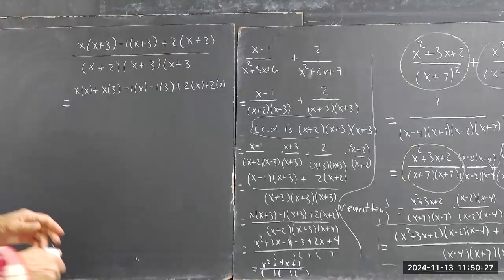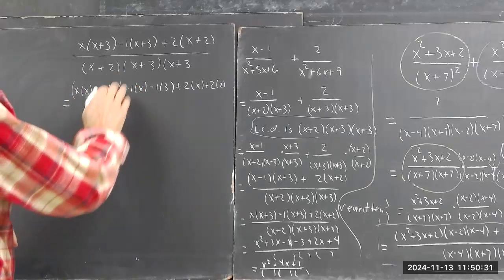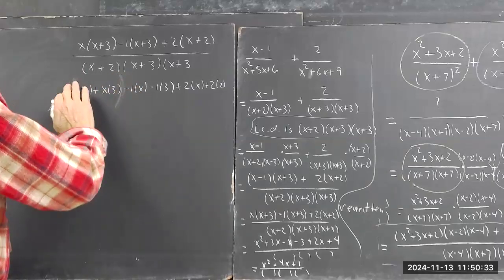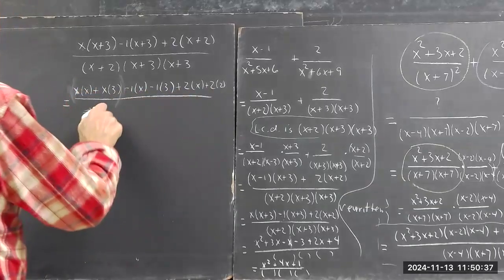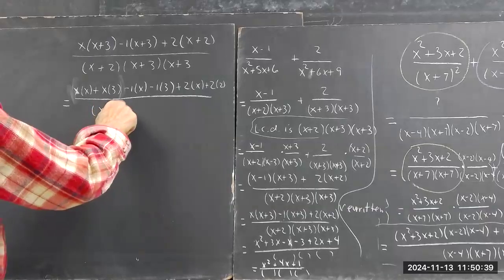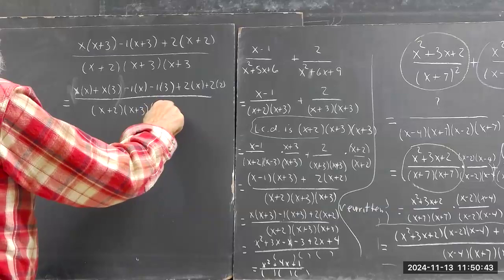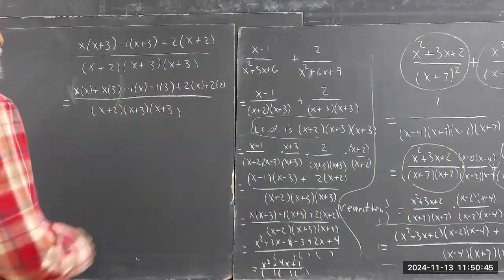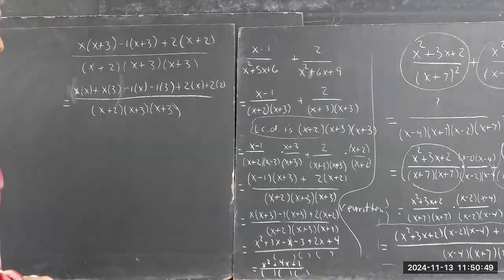Okay? I'll put parentheses here. Well, I don't want to do that because then I have a minus sign. That's going to confuse things. Now that's over x plus 2 times x plus 3 times x plus 3. And I could have closed that parentheses. Make sense?